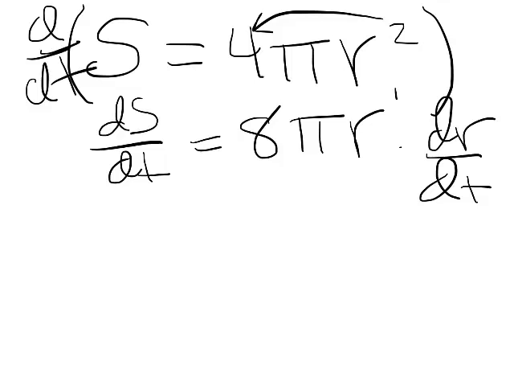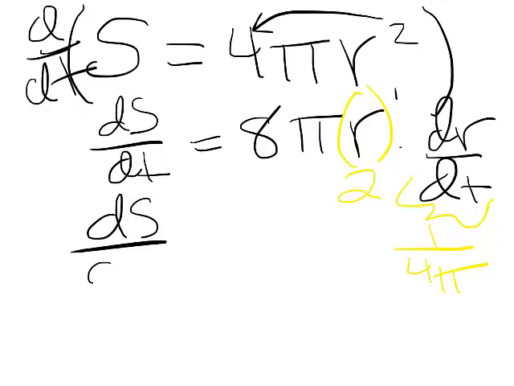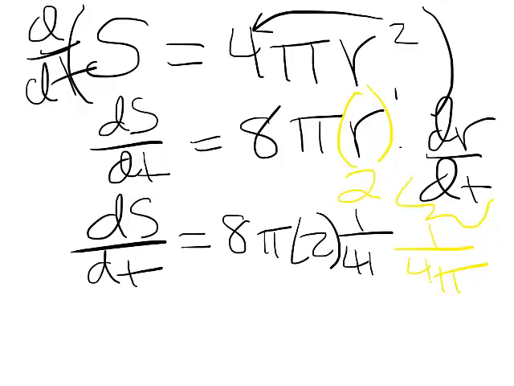Okay, so in the last part of this, we found the radius to be 2 at the instant the volume was 32 pi over 3, and we found dr/dt to be 1 over 4 pi at that same instant. So the change in surface area with respect to time will simply be 8 pi times 2 times 1 over 4 pi.